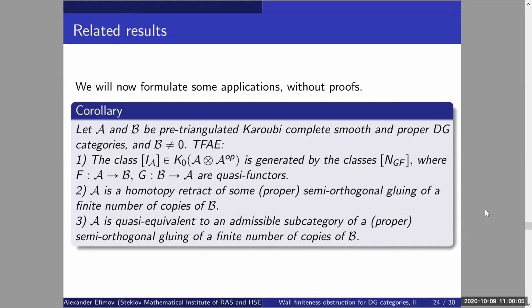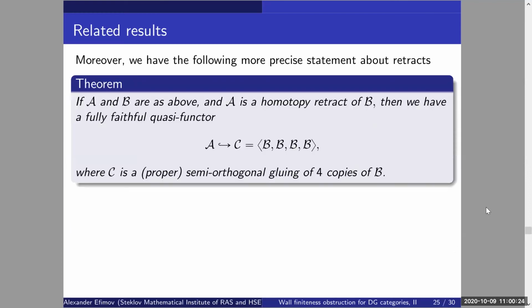And we have a more precise statement about retracts actually, because it looks like being a retract is much weaker than being an admissible subcategory in this smooth and proper context. But in fact, we can prove the following: if A and B are again smooth and proper, B is non-zero, and A is a homotopy retract of B, then we can actually embed A into the semi-orthogonal gluing of 4 copies of B, again a proper semi-orthogonal gluing.